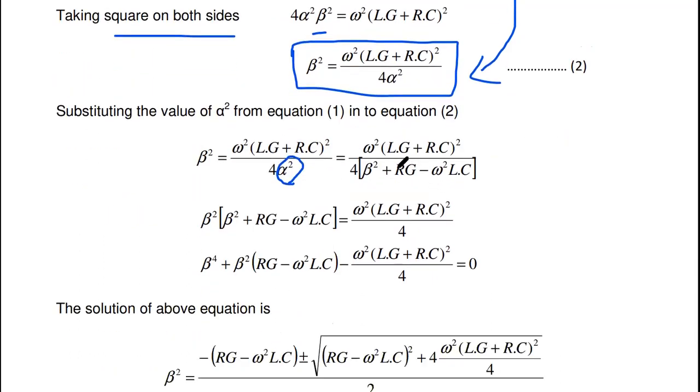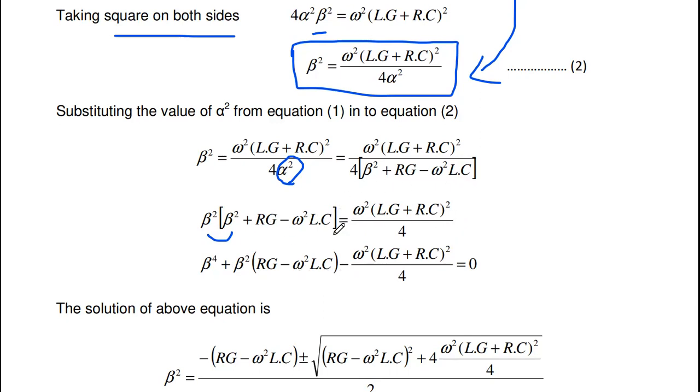Then multiply this beta part to this one. Beta squared into beta squared plus Rg minus omega squared Lc is equal to this part. Multiplying beta squared to each term, we get beta power 4 plus beta squared into Rg minus omega squared Lc.